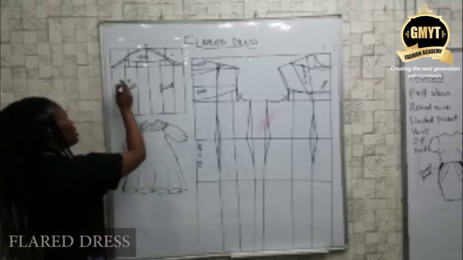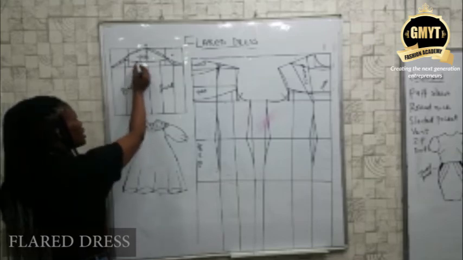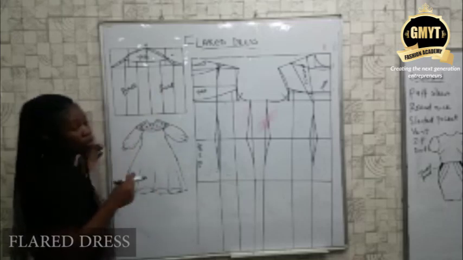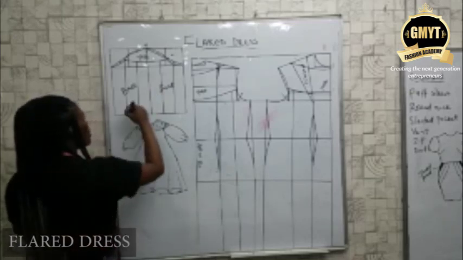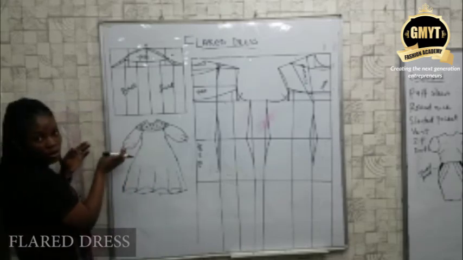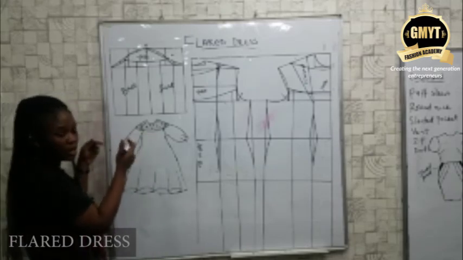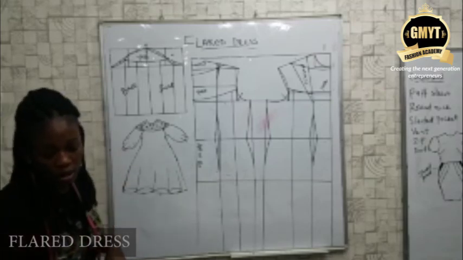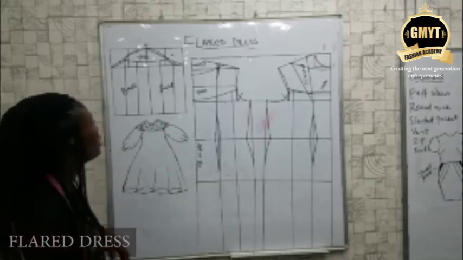So you slash it to the tip, slash to the tip, slash to the tip, slash to the tip, slash to the tip. Don't cut it through. Slash to the tip and spread to the amount of fullness you want here. Then you gather it and use the cuff to finish the gathered area.